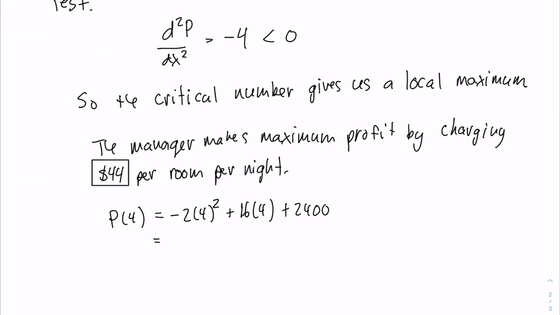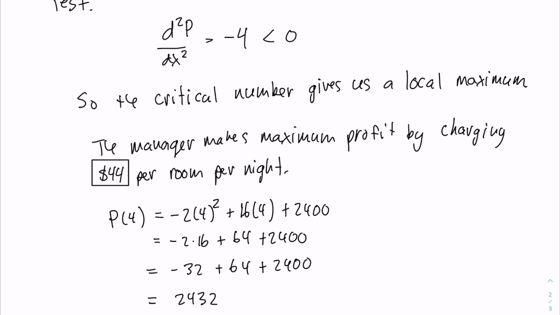So this is going to equal negative 2 times 16 plus 16 times 4. What is 16 times 4? 72? No, 64. My bad. 64 plus 2,400. So this is going to equal minus 32 plus 64 plus 2,400. Looks like this is $2,432.